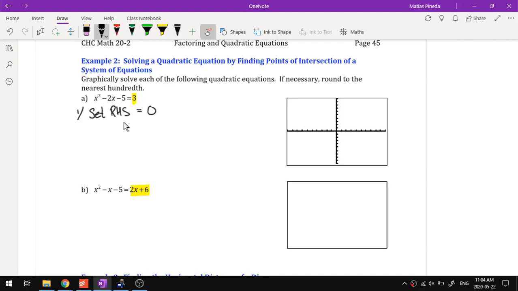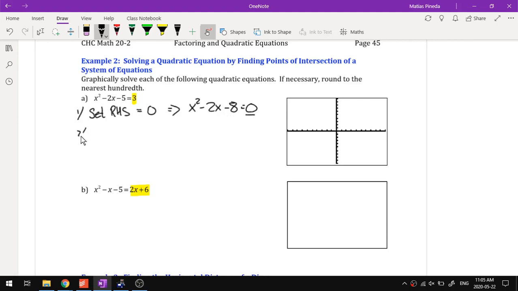We can subtract 3 from both sides. 3 minus 3 is 0, and on the left-hand side, negative 5 minus 3 is negative 8, so I get x squared minus 2x minus 8 equals 0. Now the right-hand side is 0, so we can solve it exactly the same way graphically that we did in example 1.